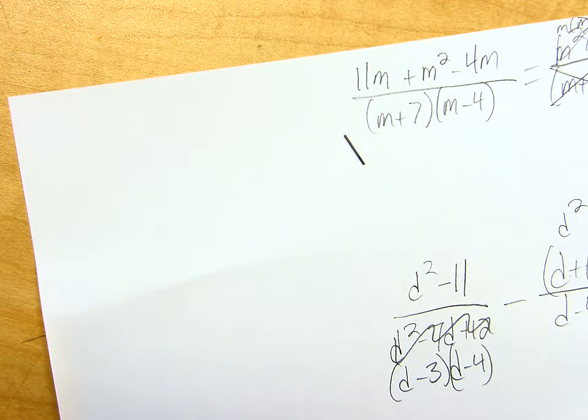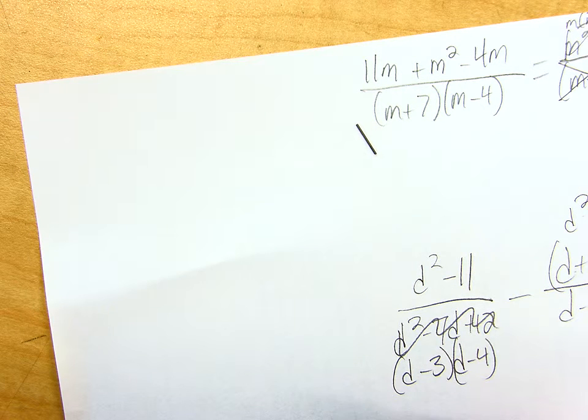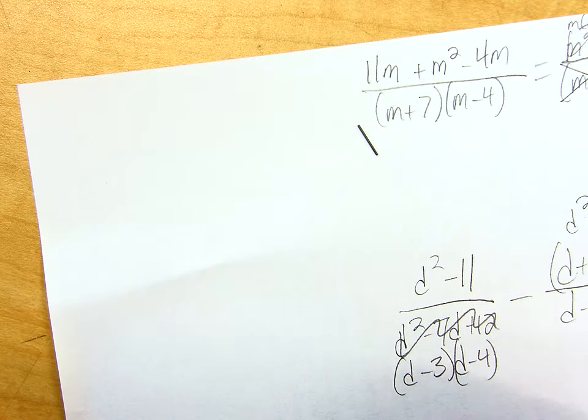9 on the snowman page. It's easier than I thought it was. I got scared by the d squared minus 2. Well, there's still a lot of pieces in it, so it's a good one to try together.